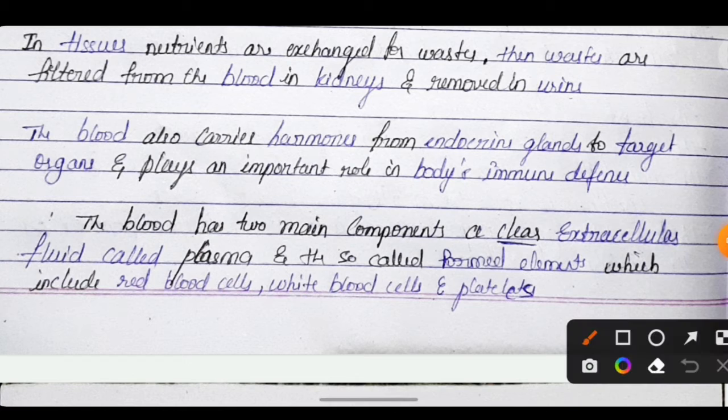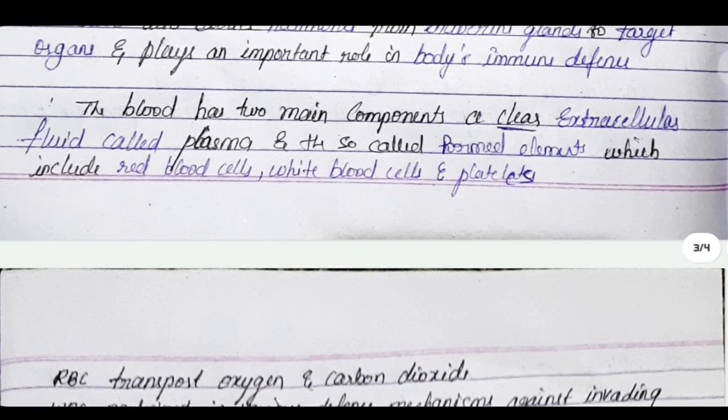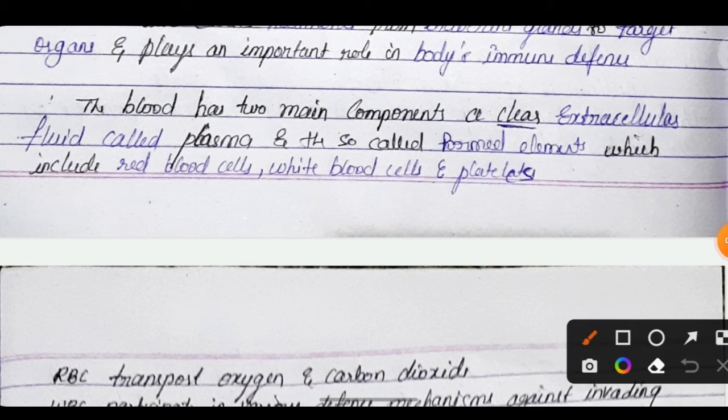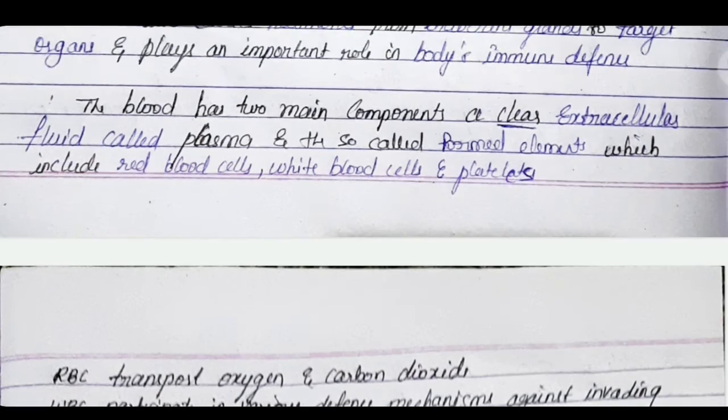The blood also carries some hormones from endocrine glands to target organs, and plays an important role in the body's immune defense. The blood has two main components: a clear extracellular fluid called plasma and the formed elements, which are red blood cells, white blood cells and platelets.